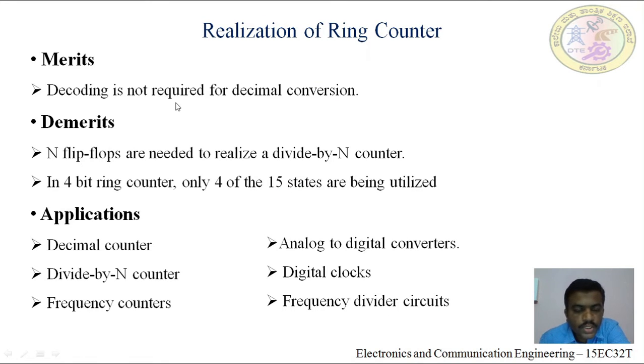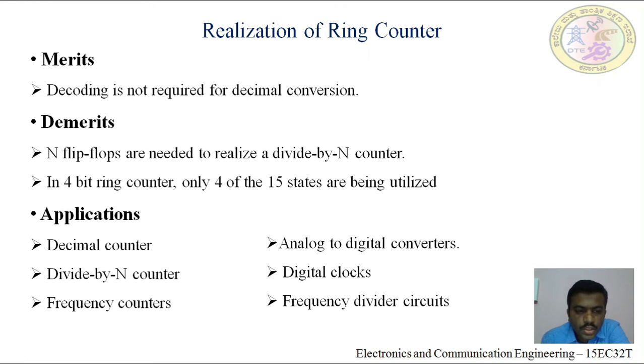The merit of the ring counter is that here we do not require decoding because the output generated by the ring counter directly indicates the decimal count value. The demerit of the ring counter is that in order to realize a divide by n counter, we should have n flip-flops.